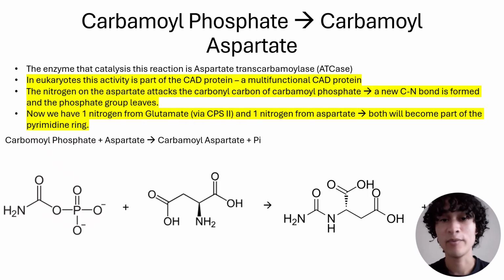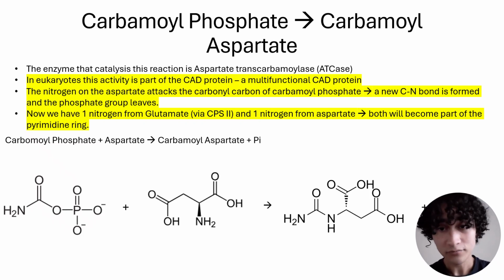So the next step is the formation of carbamoyl aspartate. So we want the aspartate skeleton, if you like. Now, the enzyme that catalyzes this reaction is aspartate transcarbamylase, or ATCase. And in eukaryotes, as I said before, it's part of that CAD protein complex, that trifunctional protein complex.